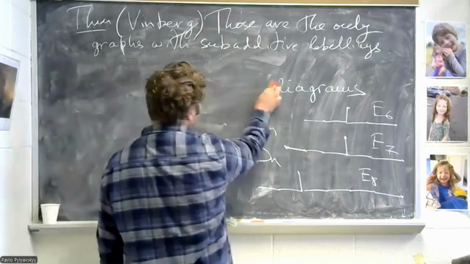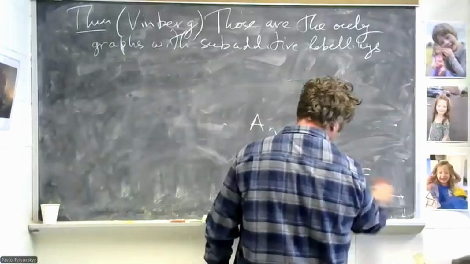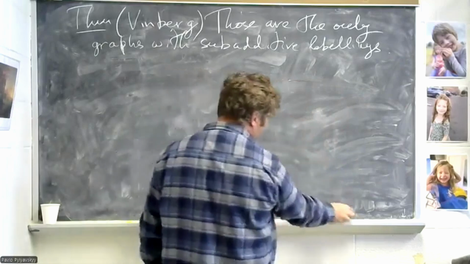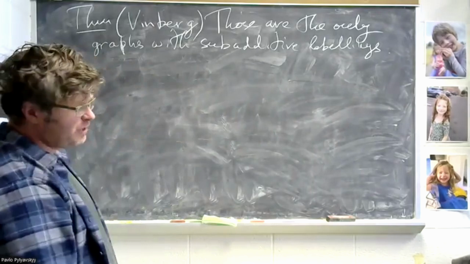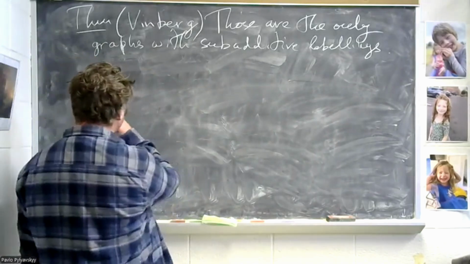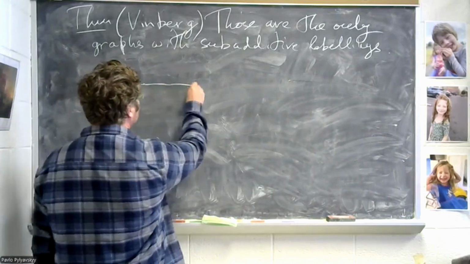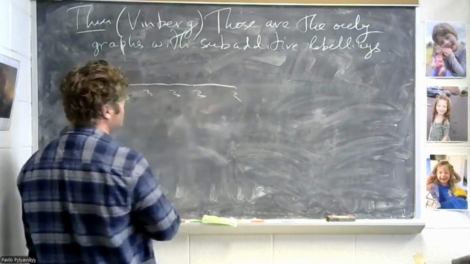So first of all, just to find a labeling for those graphs is a small exercise. It's easiest for the path. For the path, I think you can always just do 2, 3, 3, 3, 2. Can't you always just do that?